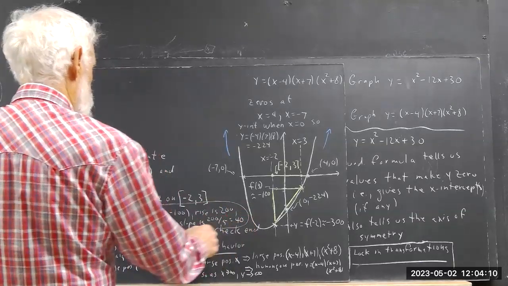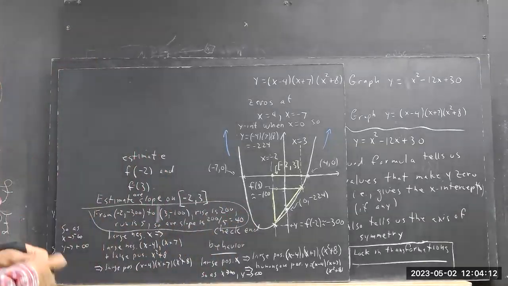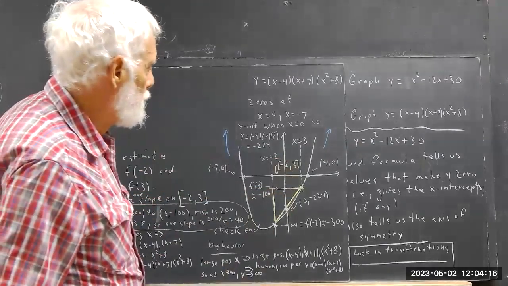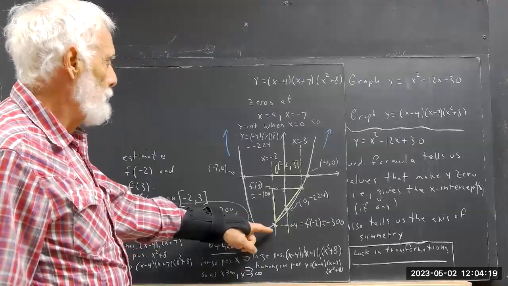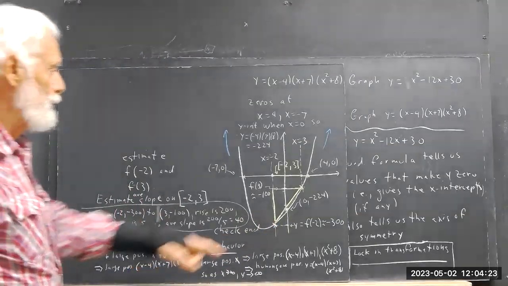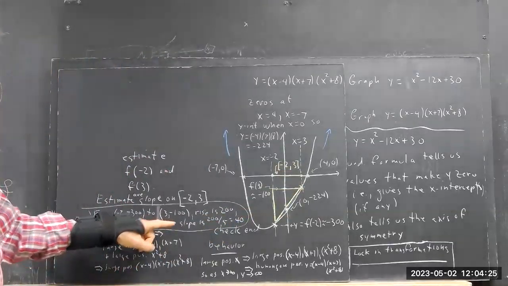On the interval from -2 to 3, we go from the point -2, -300 to the point 3, -100.